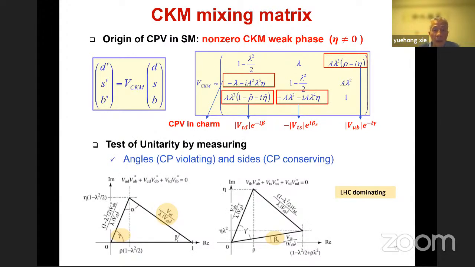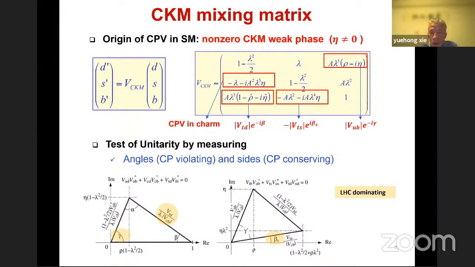This mechanism can be tested by measuring the angles and the sides of the so-called unitarity triangles and checking their consistency. Shown here on the left is the unitarity triangle corresponding to the orthogonality of the first row with the last row, and on the right is the triangle corresponding to the orthogonality of the first row with the last row.